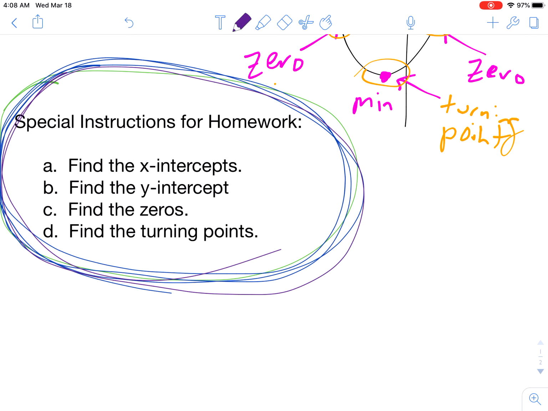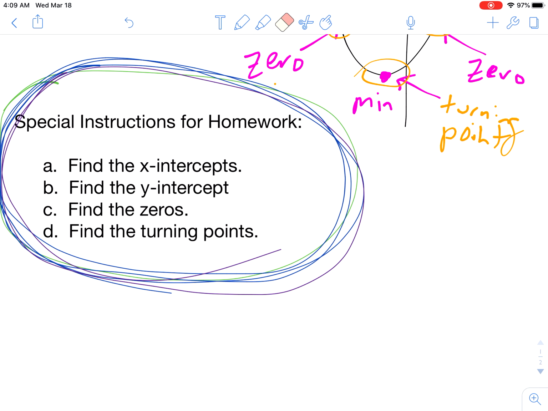The calculator will basically get your answer for part A, for part C, and for part D. But for part B, the y-intercept, your calculator will not do that for you. You are going to have to do that. And I'll show you how to do that in the examples.